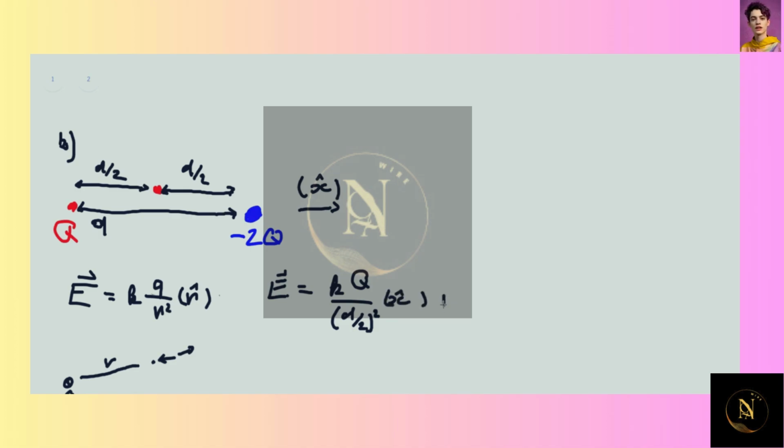All right. And then the other one is going to be k times the charge of the object, which is now minus 2q, divided by (d over 2) squared again, and it's pointing in the negative x-hat direction.